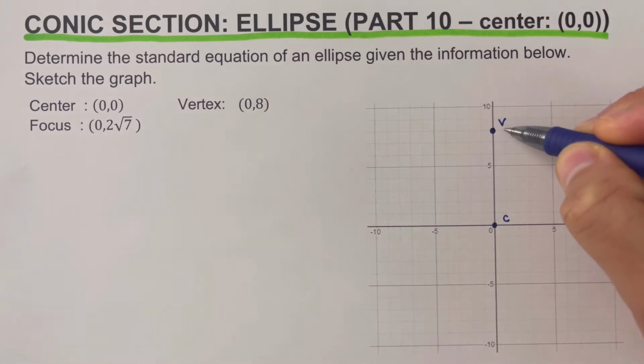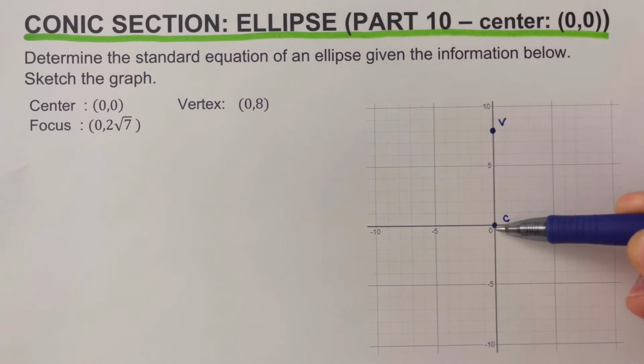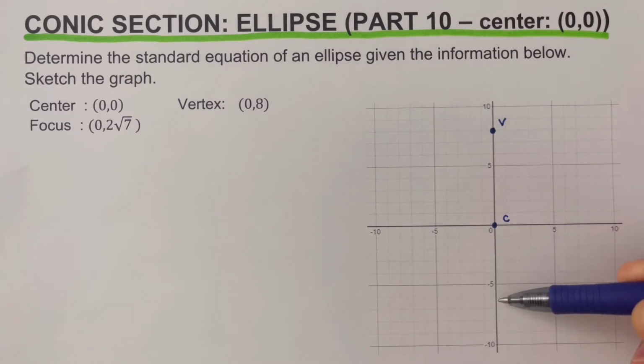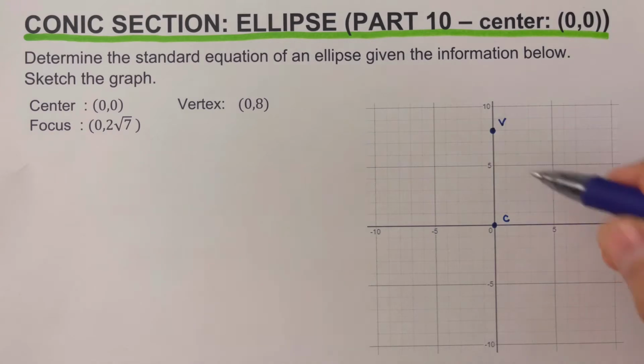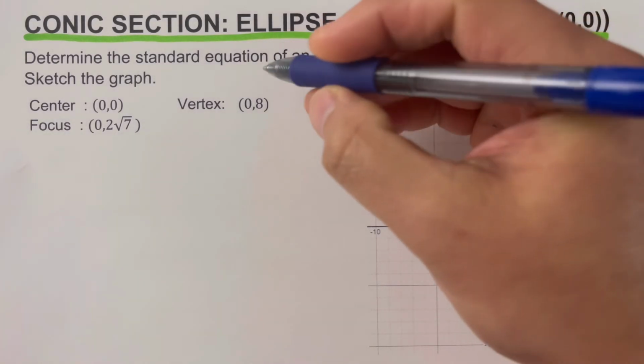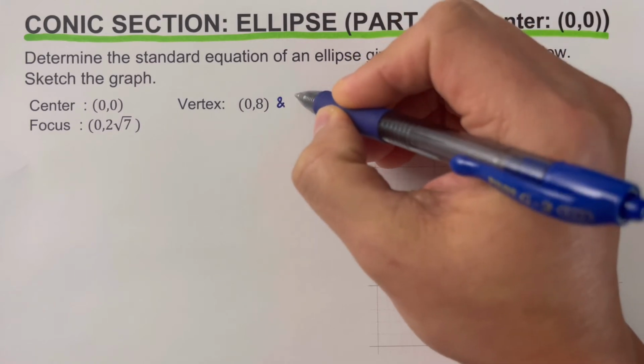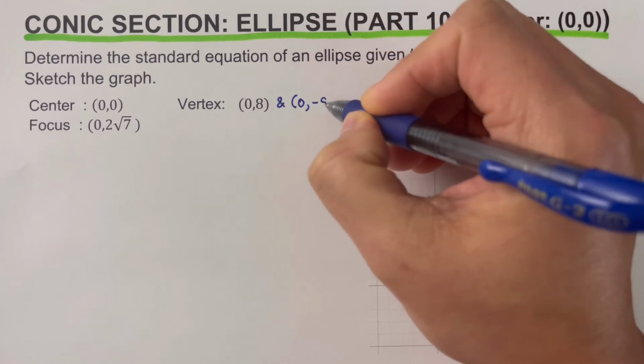Now we remember that the distance from the center to the vertex and the distance from the center to the other vertex would be the same. So this tells us that it's going to go down 8 as well. So this is where our other vertex is going to sit. So we can go ahead and add the coordinate of the other vertex, which is at 0, negative 8.